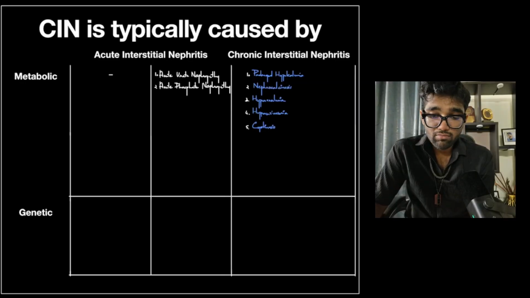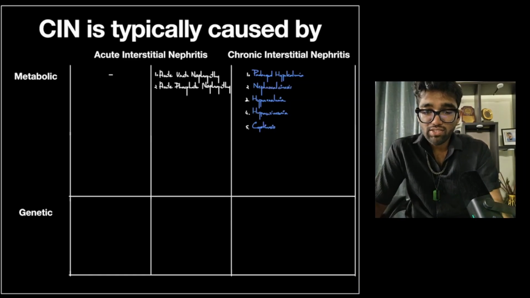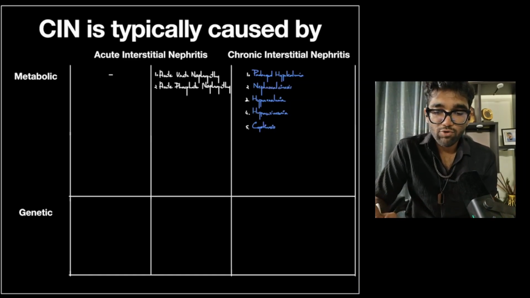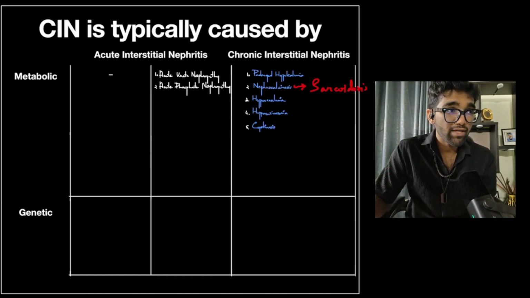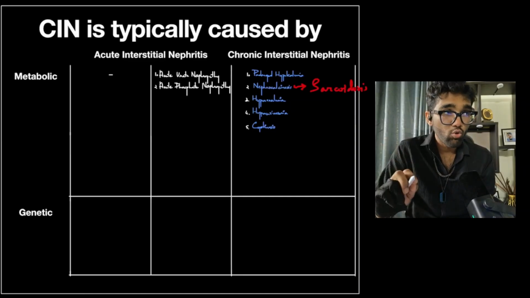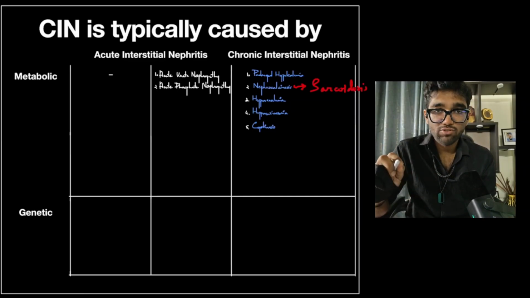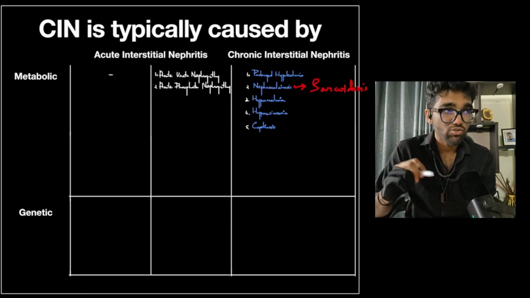Now, however, metabolic nephropathies are actually the most common cause of chronic interstitial nephritis. So this includes your nephrocalcinosis, and we need to highlight that this is something that happens very prominently in sarcoidosis. It can happen in essentially any cause of hypercalcemia, but when it is vitamin D dependent hypercalcemia, PTH levels are low because vitamin D inhibits PTH, so renal calcium reabsorption is also decreased.